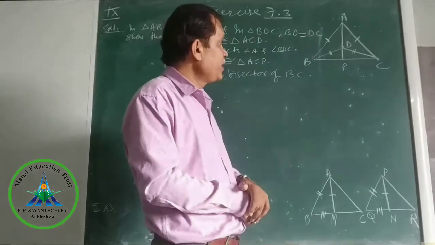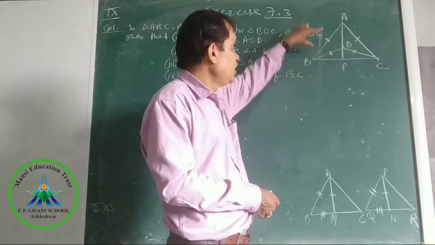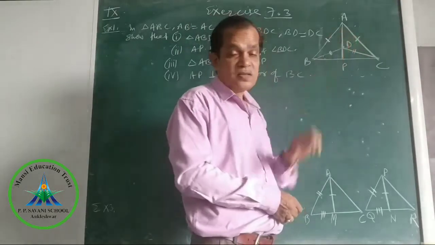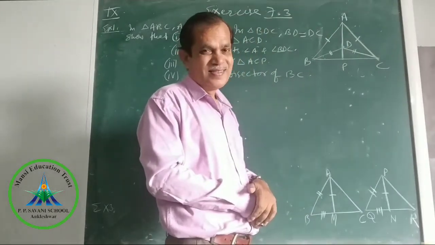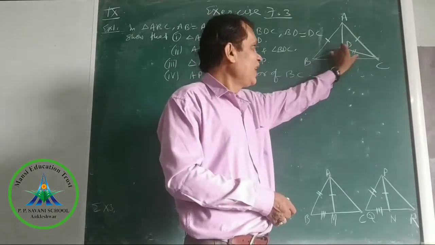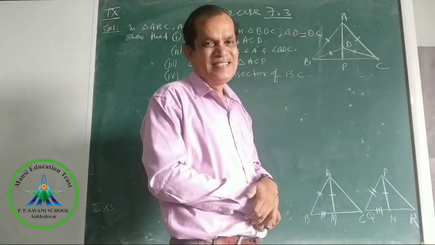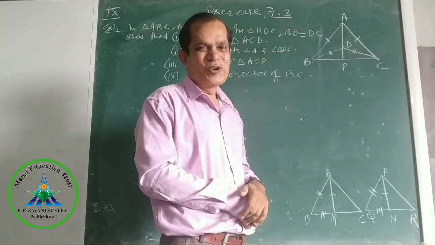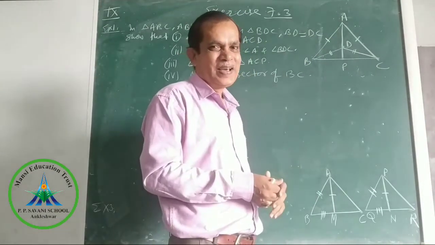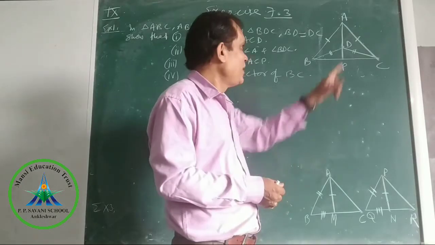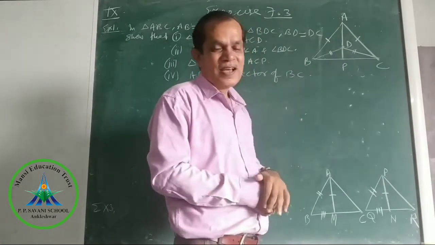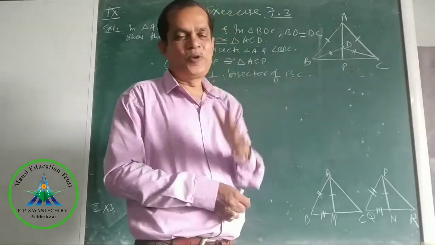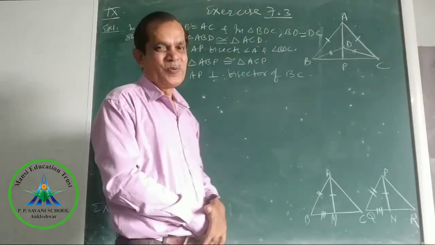So, in ABD and ACD, AB is equal to AC, BD and CD are equal, and AD is common. Yes or no? So, by side rule, side, ABD is congruent to ACD.